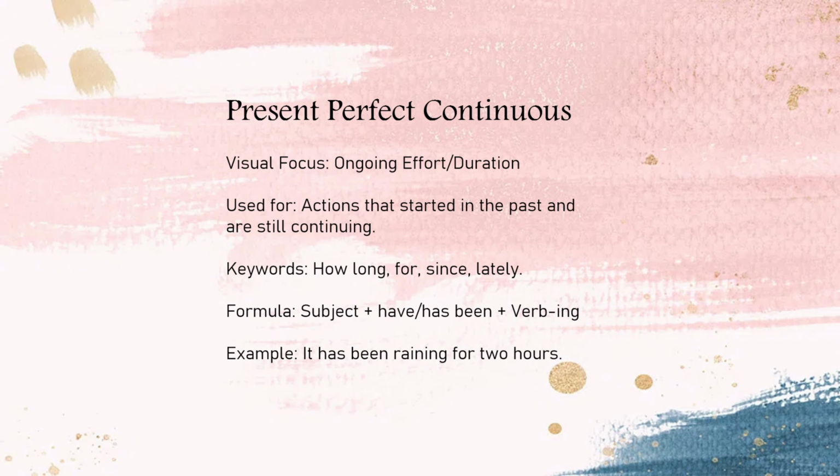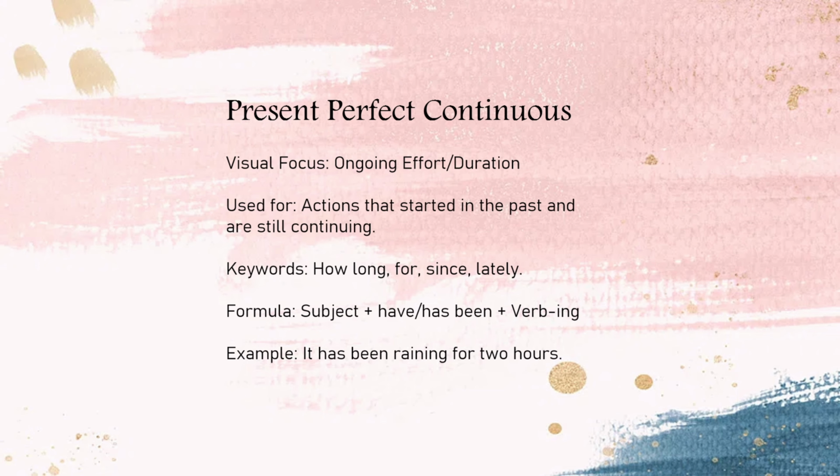Finally, we have the present perfect continuous. So this describes an action that started in the past and is still continuing, or has just finished. Because it's continuous, you know it's still continuing, it's still working. The formula for this is subject plus have or has plus been. Because it's perfect, you always use been. Plus verb ing. So you add ing to the verb.